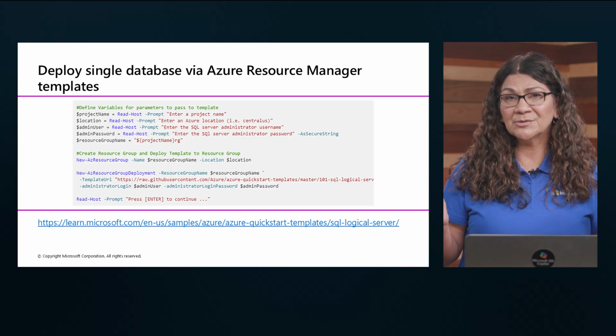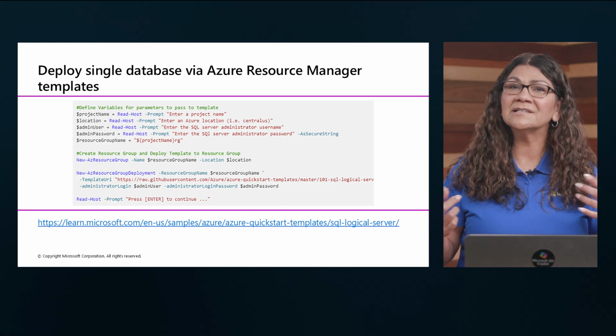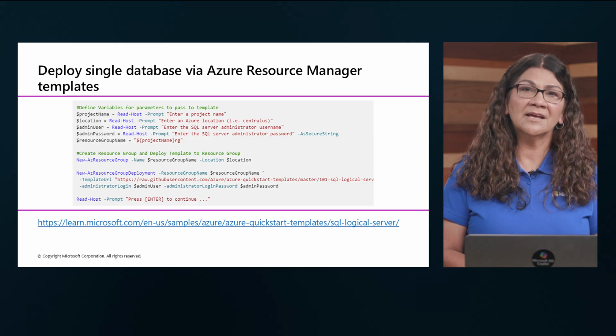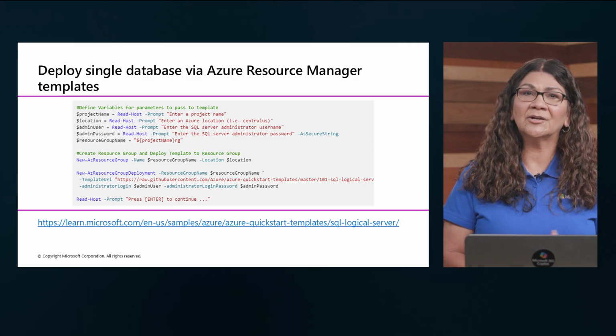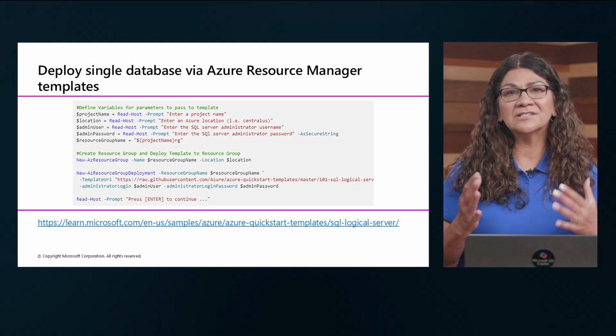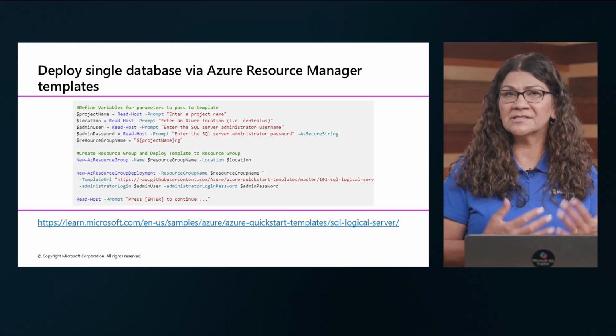You can use them to automate infrastructure in CI/CD pipelines. You can also use them very easily to quickly spin up consistent environments for dev and test. And be sure that you check out the Quickstart templates that are also available on GitHub, so you don't need to reinvent the wheel. We have a lot of these templates up at GitHub that you might want to use as starting points.